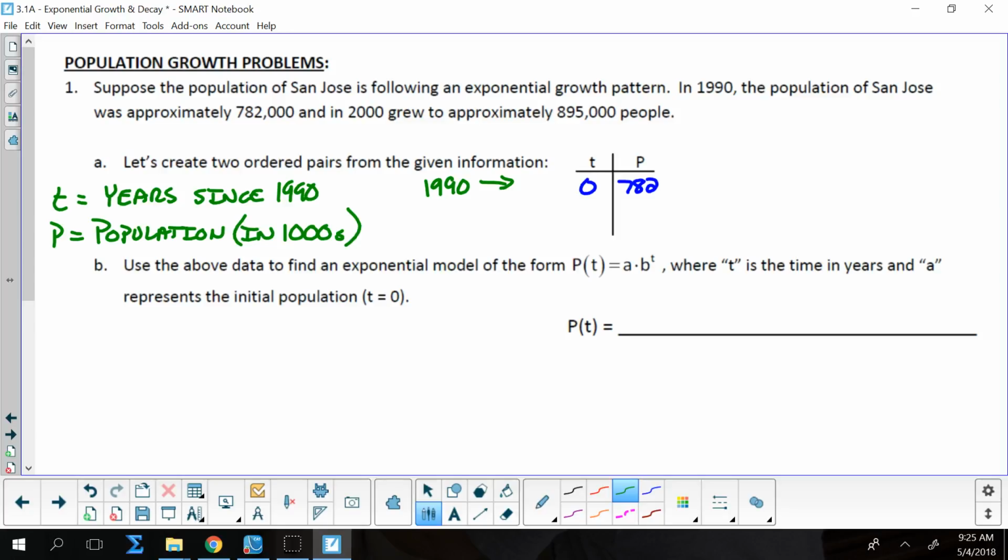And that brings our numbers down a little bit smaller, so we don't have to get such huge numbers out there. Given that fact, what would my second data point be? 10, 895.